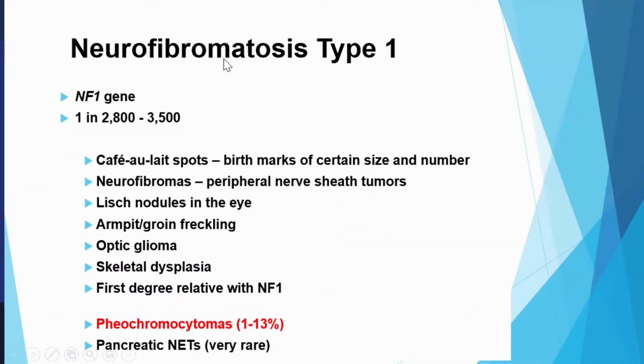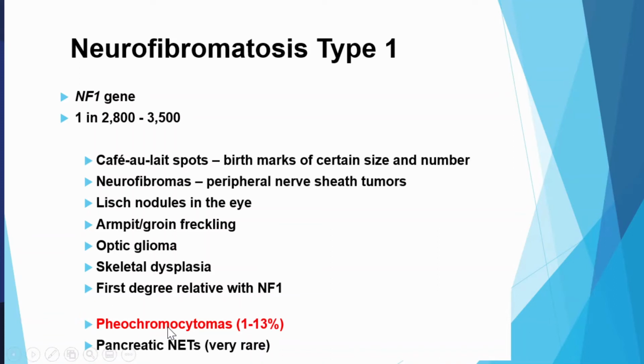The next syndrome is neurofibromatosis type 1. This is caused by changes, pathogenic variants in the NF1 gene, affects about 1 in 2,800 to 3,500 people. Patients can have lots of different things associated with NF1, cafe au lait spots, neurofibromas, which are peripheral nerve sheath tumors that can be anywhere in the body, and lots of other things as well.